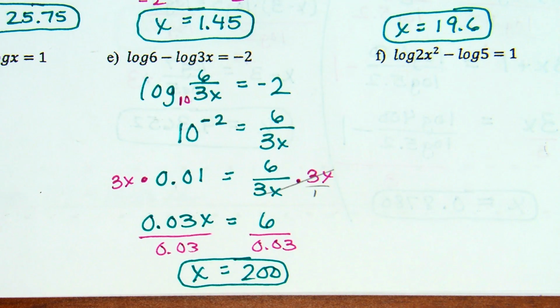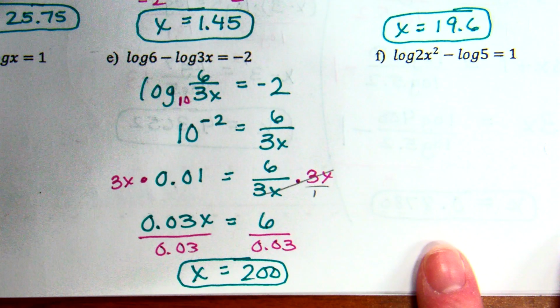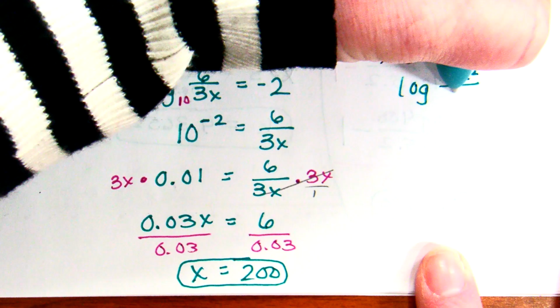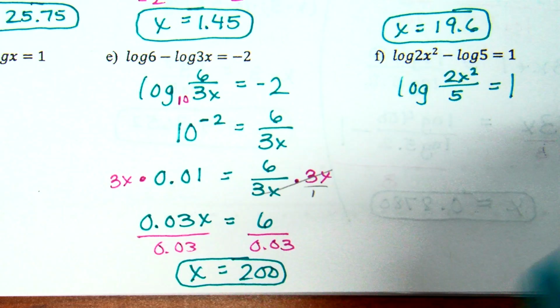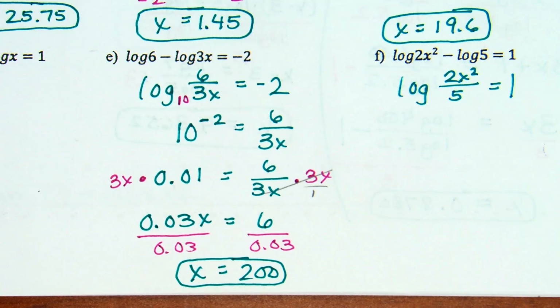Where do you start? 2 logs being subtracted can be rewritten as 1 log where the insides are divided. So log of 2x squared minus log of 5 can be rewritten as log of 2x squared over 5 equals 1. Again, kind of looks ugly, but give it a chance.